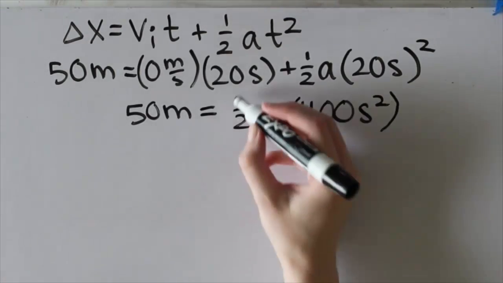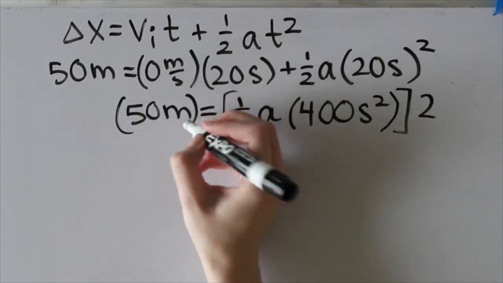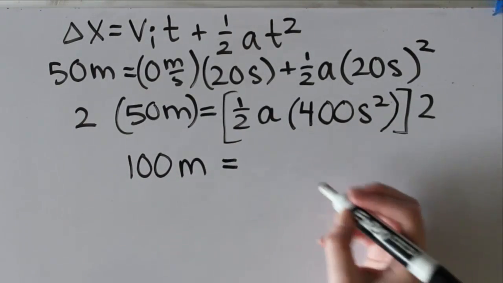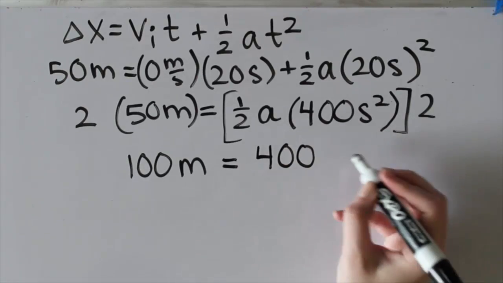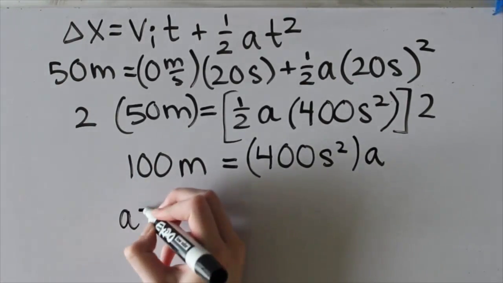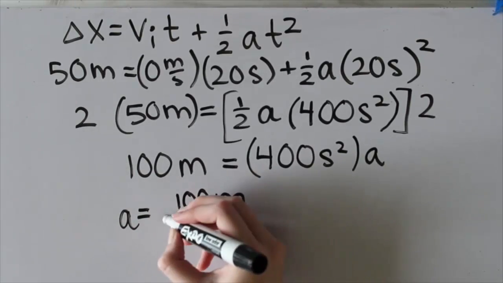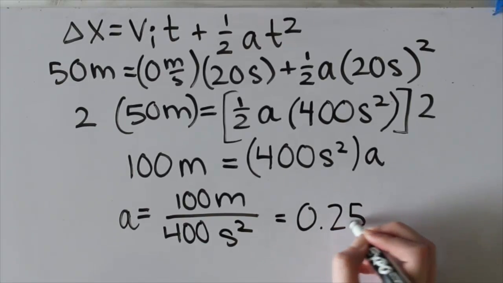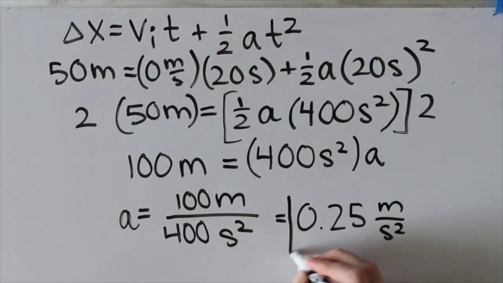Then you multiply both sides by 2. So 100 meters equals 400 seconds squared multiplied by a. And finally, you divide both sides by 400 seconds squared to isolate a. This turns out to be about 1/4 meters per second squared.